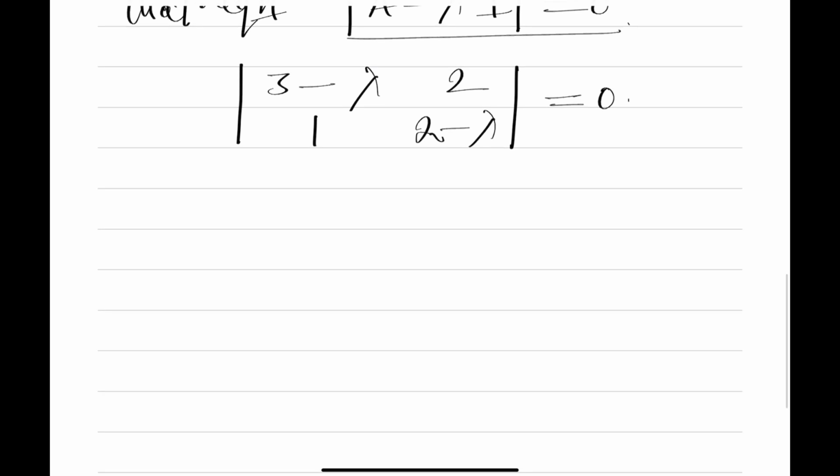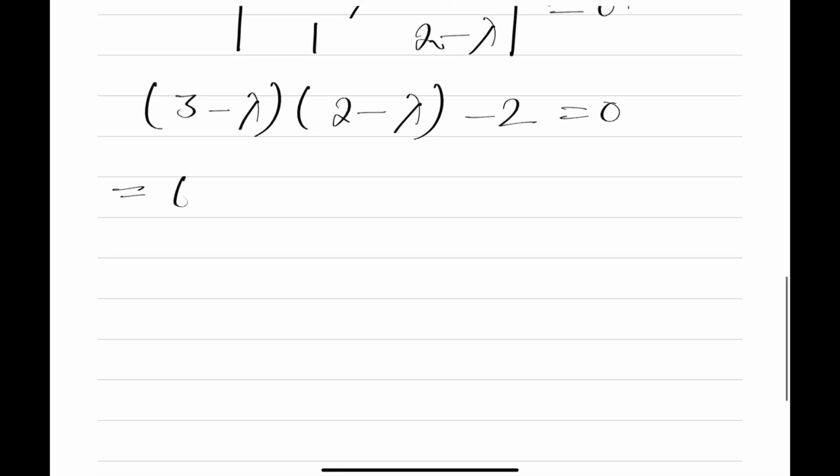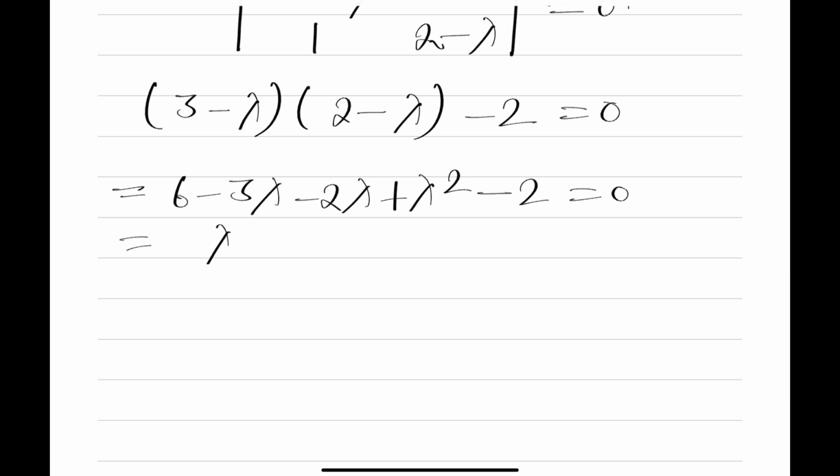We will expand this: (3 minus lambda)(2 minus lambda) minus 2 equals 0. Further, it will be 6 minus 3 lambda minus 2 lambda plus lambda square minus 2 equals 0. It will be lambda square minus 5 lambda plus 4 equals 0.